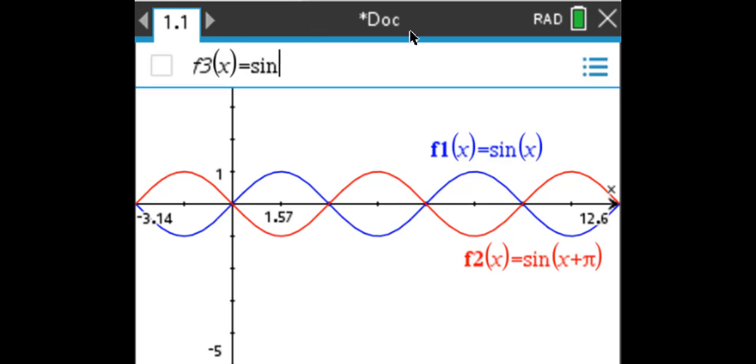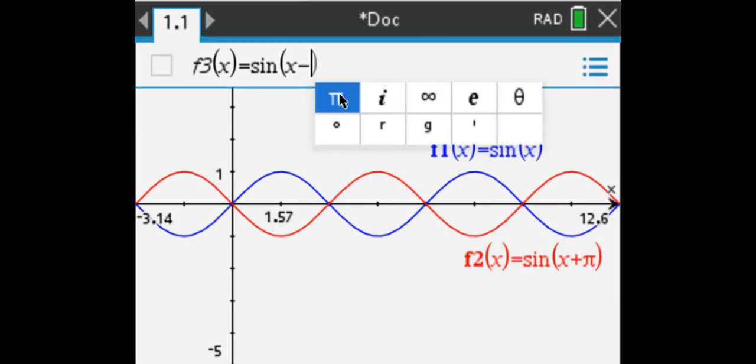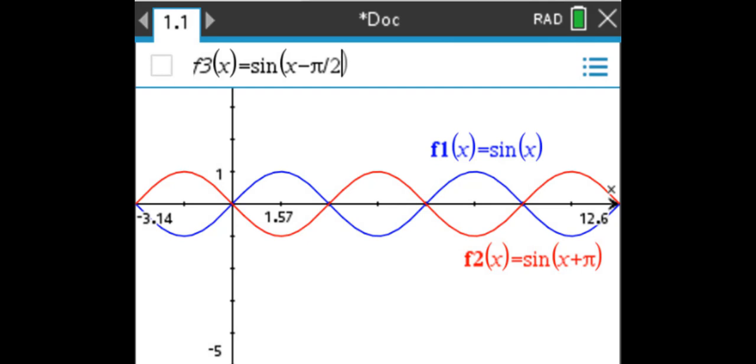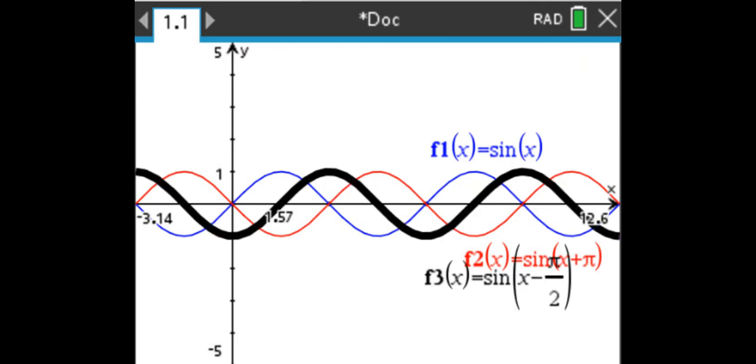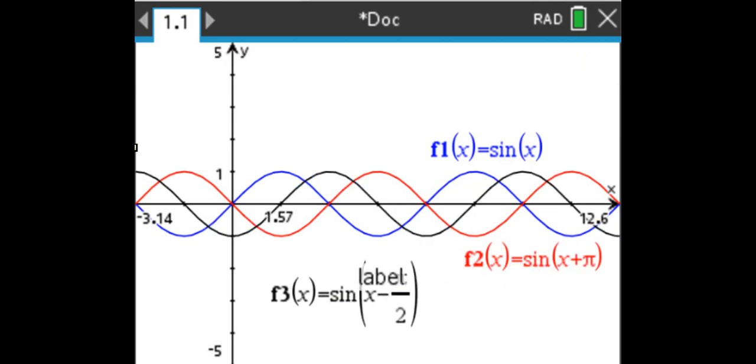So if I go sine of x minus, and let's go pi over 2. So if we look at the black curve compared to my original blue curve, it's moved 1 graduation to the right.